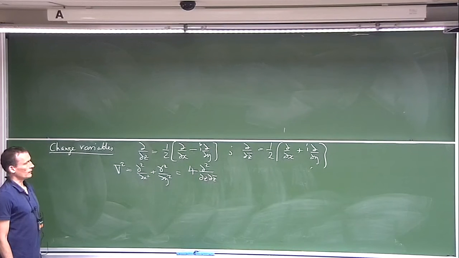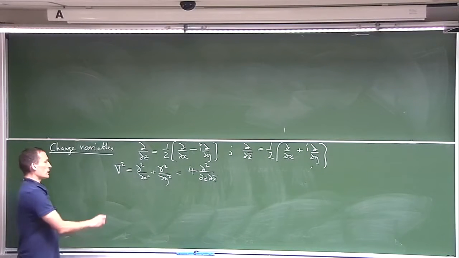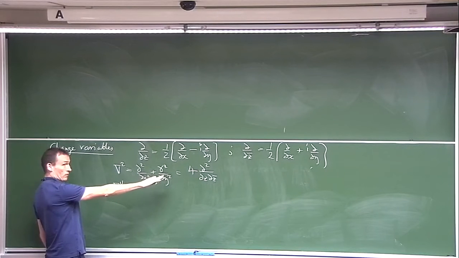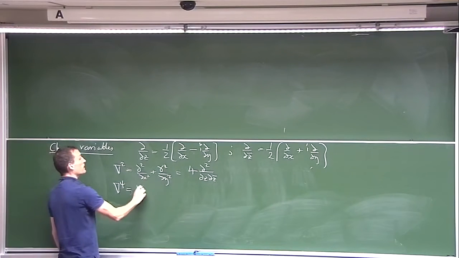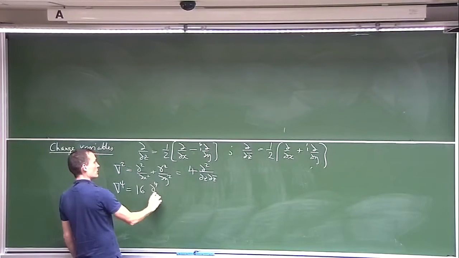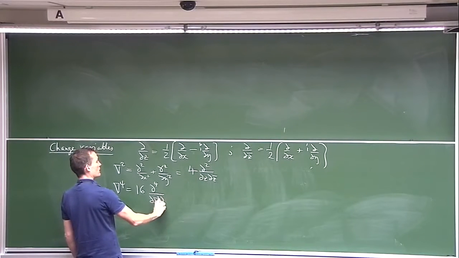I did that last time. So clearly, del 4, where you compose this with itself, is 16 d4 by dz bar squared dz squared.